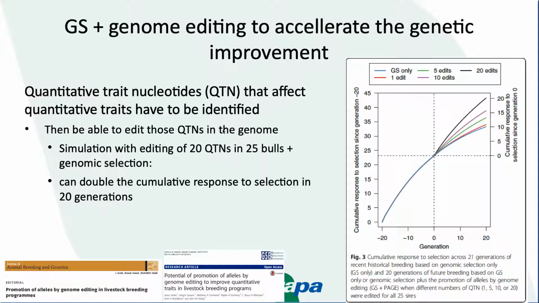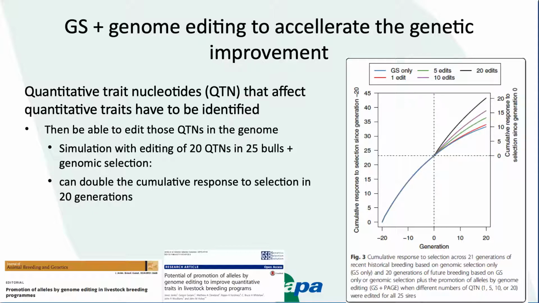So in that case, think that we are not putting in another breed here, but trying to find the QTNs, the SNPs associated with a specific trait, and then edit those SNPs in a large number of embryos, so that you can have this in just a few generations.